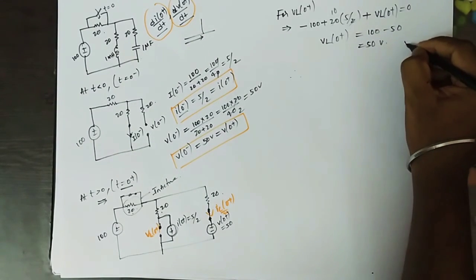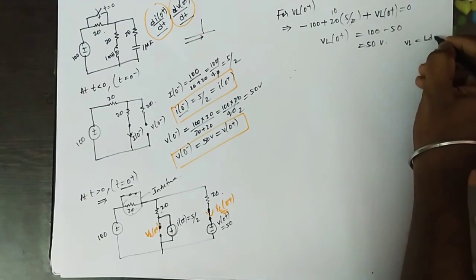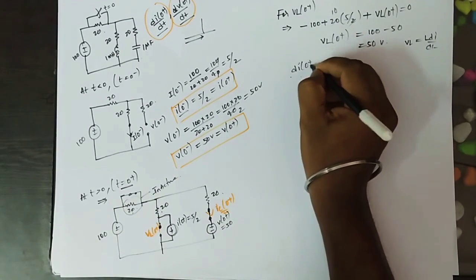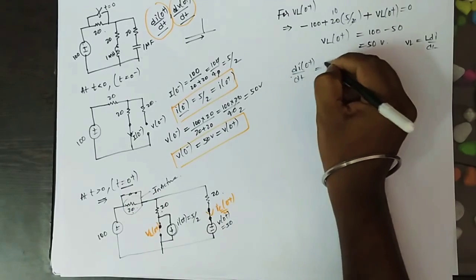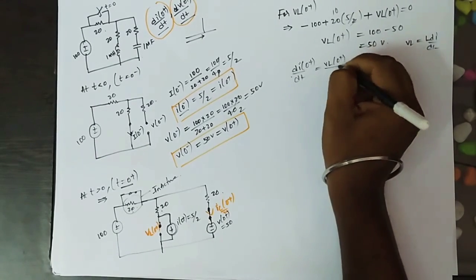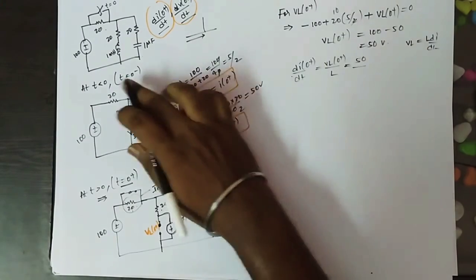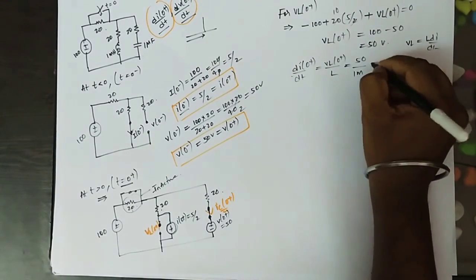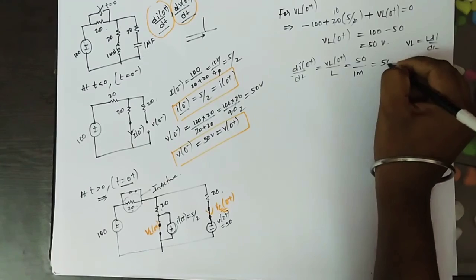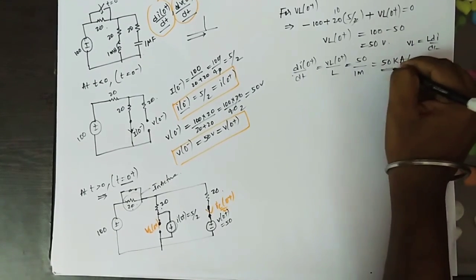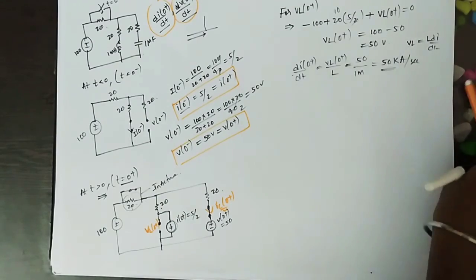Since VL equals L di by dt, di of 0 plus by dt equals VL of 0 plus by L. So this becomes 50 by L, where L is 1 milli, giving 50 kilo amps per second.